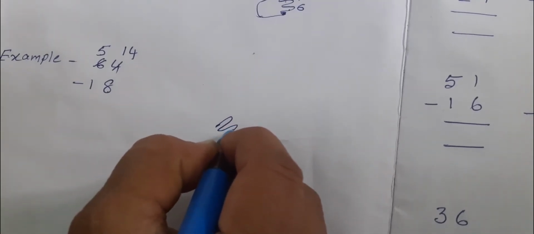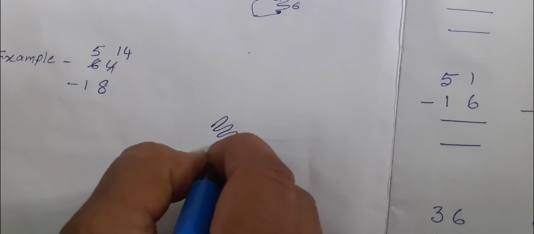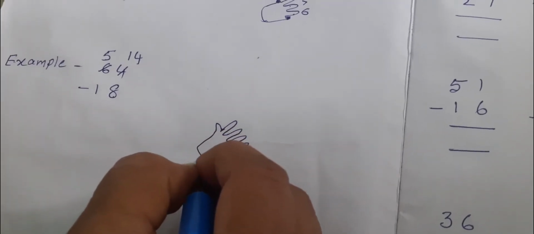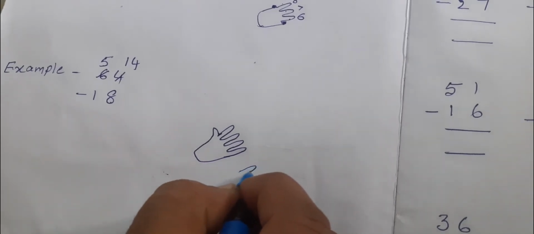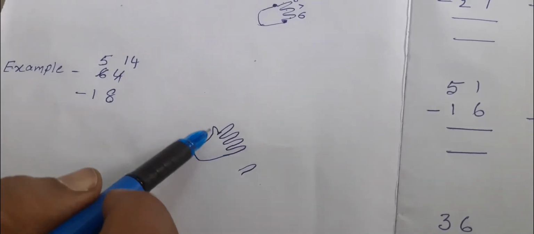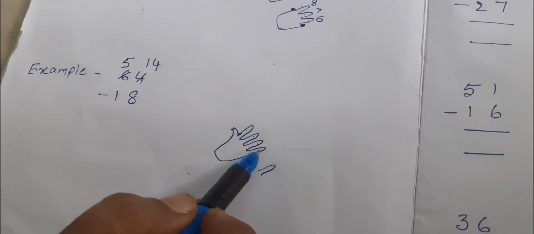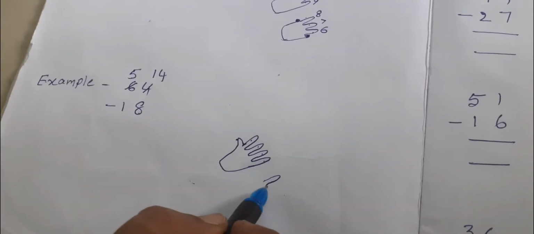9, 10, 11, 12, 13, 14. How many fingers here? 1, 2, 3, 4, 5, 6.